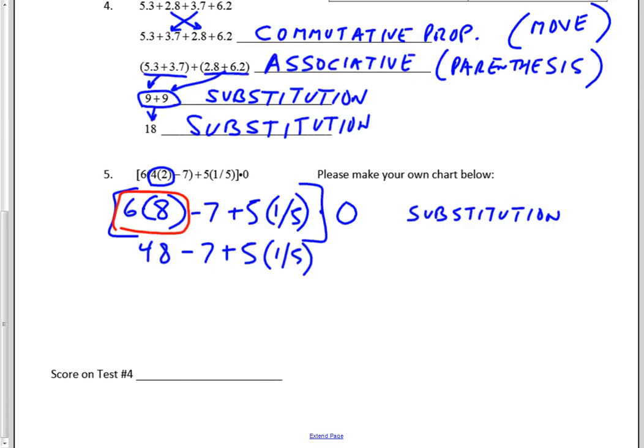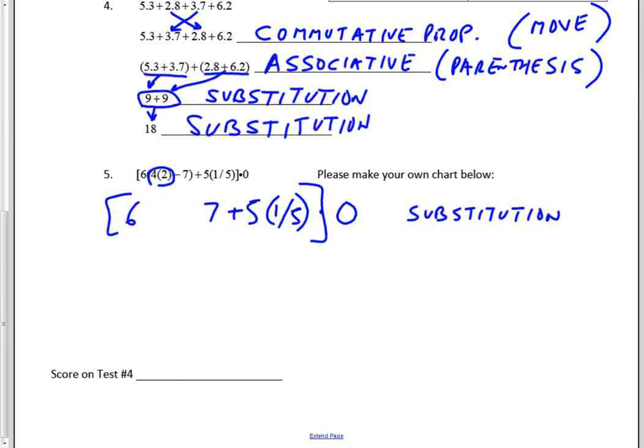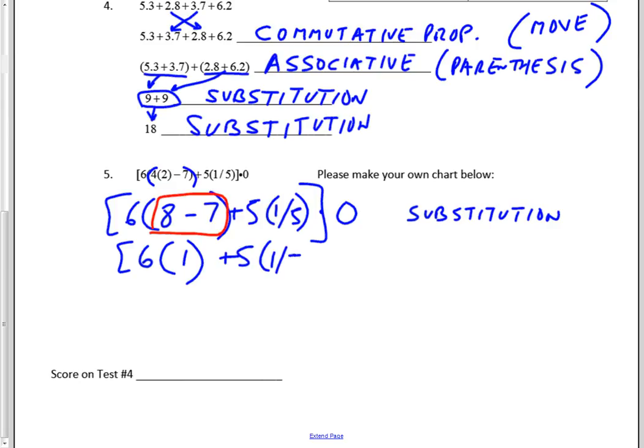Whoops, no, we can't do that, because we have this right here. We still have parentheses here, so I got to do the 8 minus 7, 6, and plus 5.